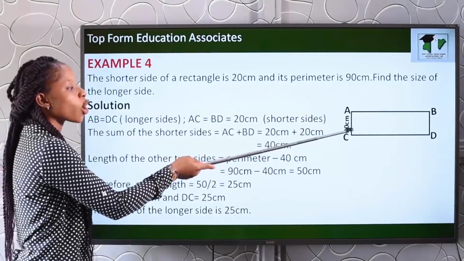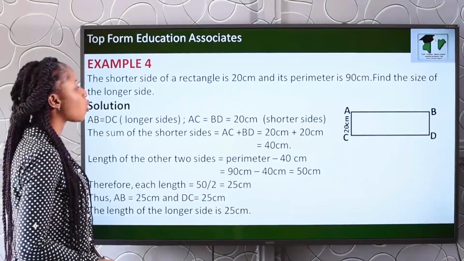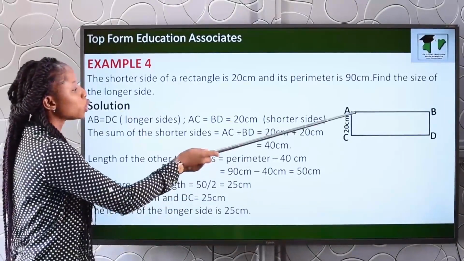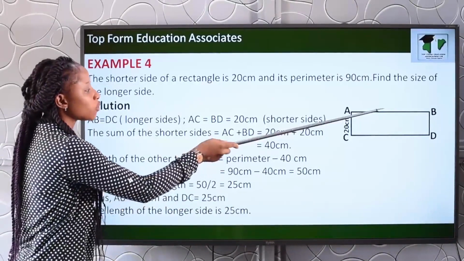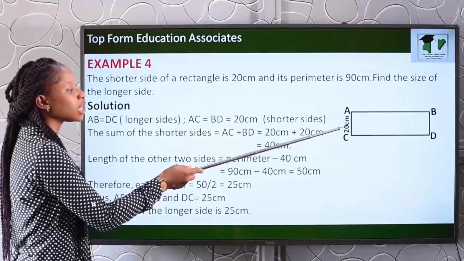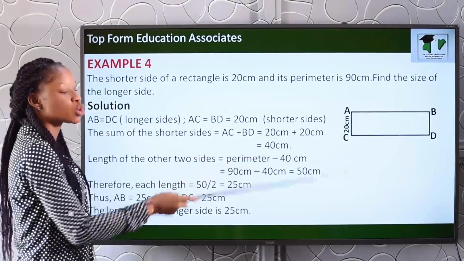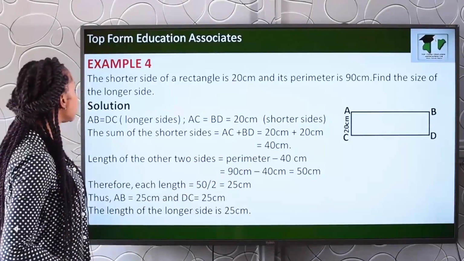Remember that opposite sides of a rectangle are always equal. So if we do not know the length of this longer side, we also do not know the length of this side. But since we've been given the length of one of the shorter sides, the length of the other shorter side is also 20 centimeters.